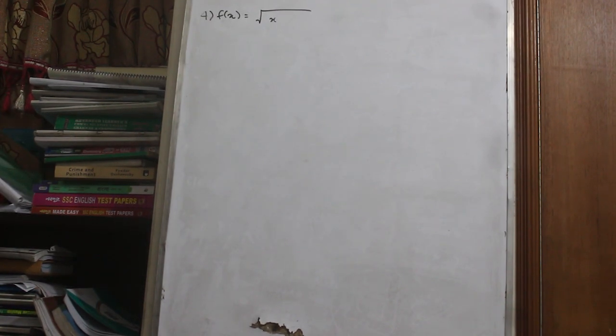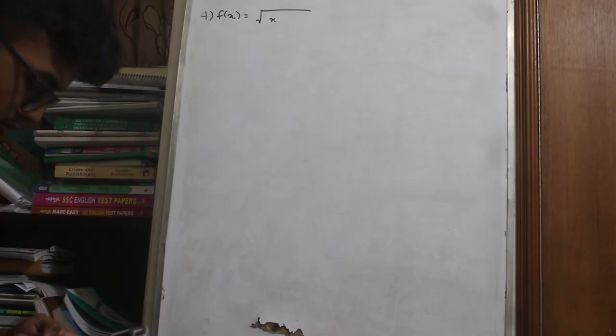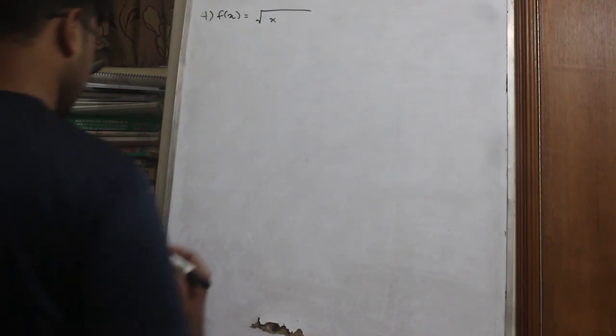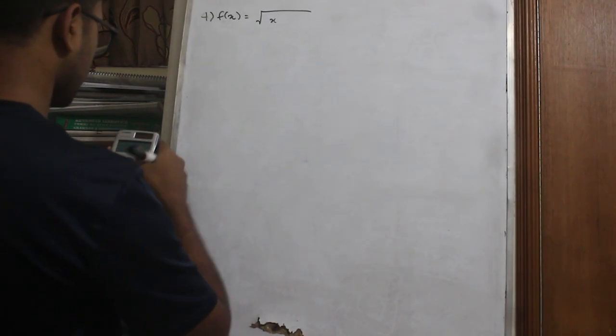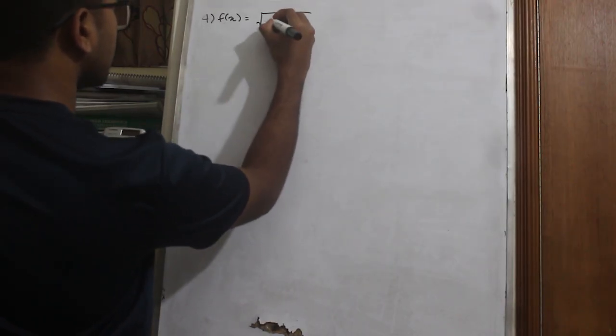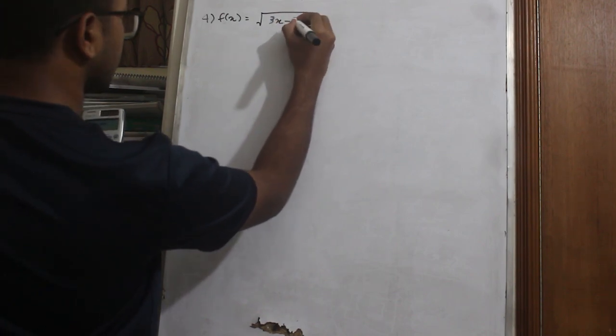Oh, it's here. Okay, let's just put this one in, I suppose. 3x minus 7x squared.